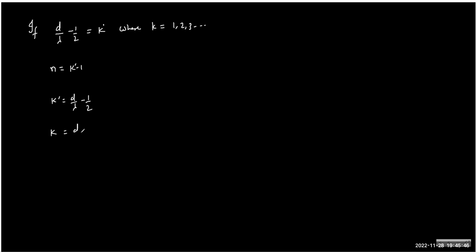And k is d by lambda only, correct? So k minus k dash is 1 by 2. Basically, they are not equal. There is one difference. If you multiply by 2, it will become 1. So 2k minus 2k dash equals 1. So 2k minus 1 equals 2k dash.